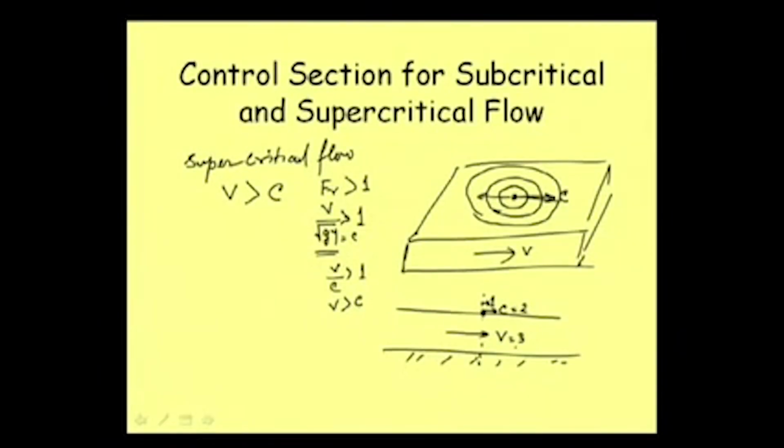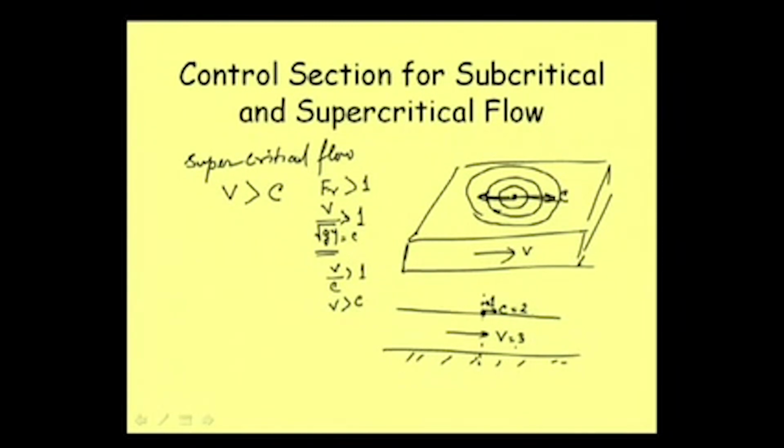So in reality, when you create a disturbance, the absolute speed in the downstream direction will be 3 plus 2, and the wave that is trying to move upstream will have a net speed of 1 downstream.